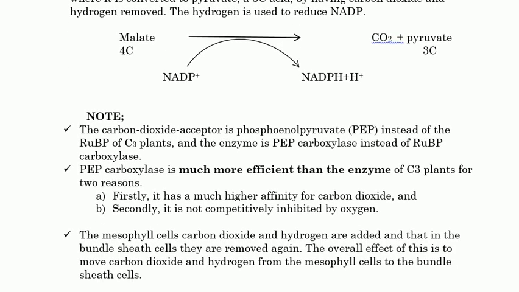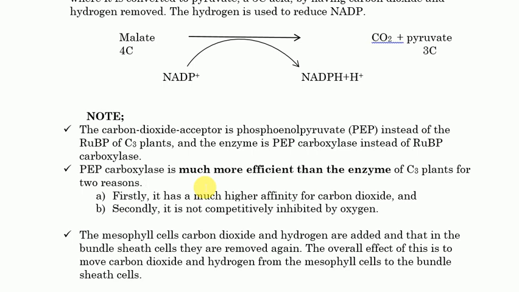Now we have a few things to note here. First, the carbon dioxide acceptor is PEP instead of RuBP of C3 plants, and the enzyme is PEP carboxylase. Now PEP carboxylase is much more efficient than the enzyme of the C3 plants. Why is PEP carboxylase more efficient than the enzyme in C3 plants?